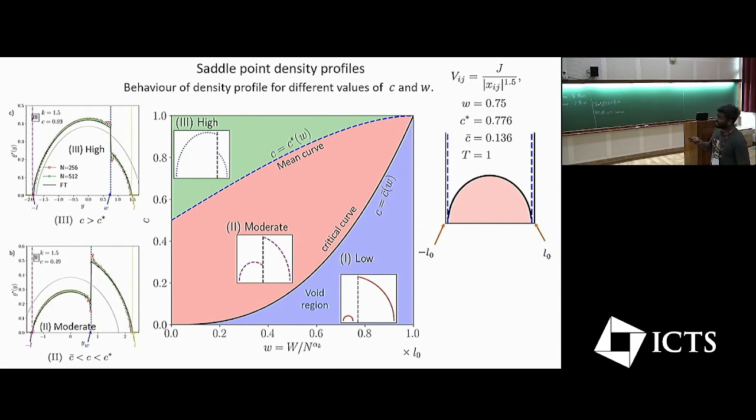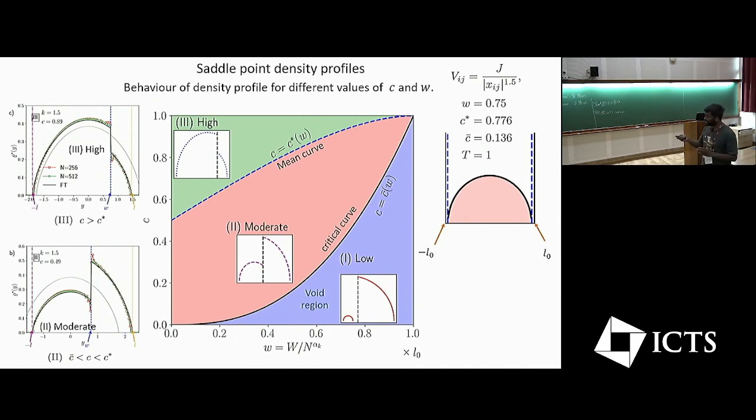Here clearly the density has become smaller. As we keep reducing more and more particles, what we see is that a hole region is formed. The density profile here will start shrinking and shrinking, reaching exactly the C equals C bar line.